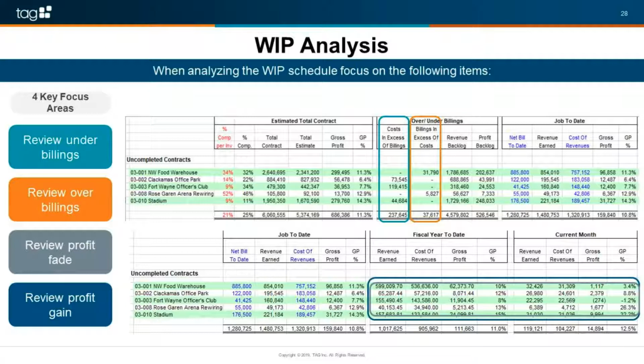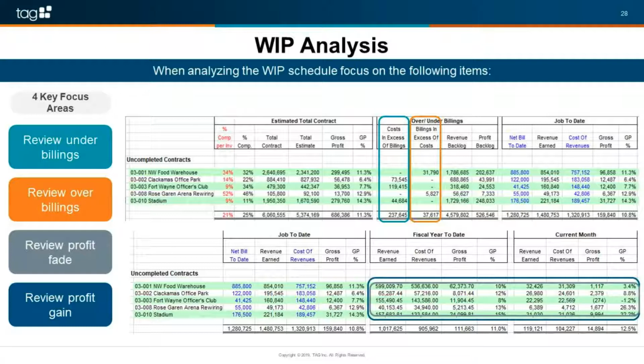So first off, cost in excess of billings. So that would be my underbilled amounts. So I'm really going to focus on the ones that are large. So in this case, I have quite a few large underbillings. Now, a lot of contractors tell me, oh, you know what, Olivia, I love underbillings because they just increase my profit and I look so much better on my financial statements.